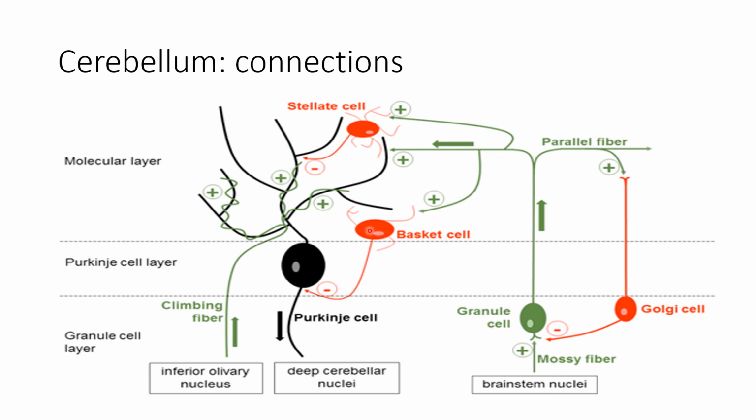Here the basket cells and the stellate cells are shown, which have an inhibitory effect on the Purkinje cells, while the granule cells make synaptic connections with the dendritic tree of the Purkinje cells, and the mossy fibers have an excitatory effect on the Purkinje cell.